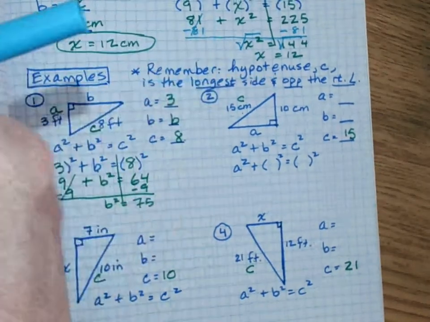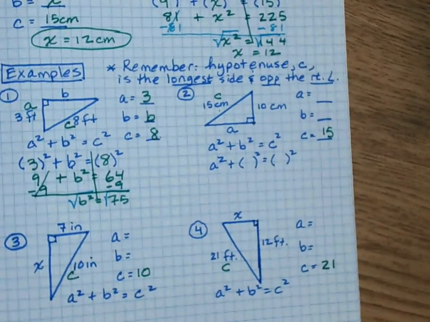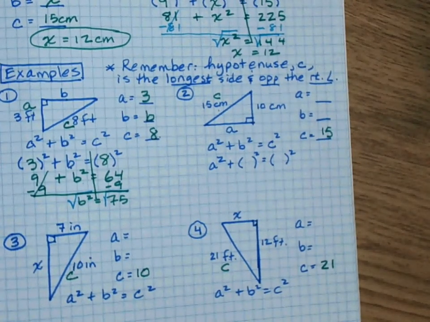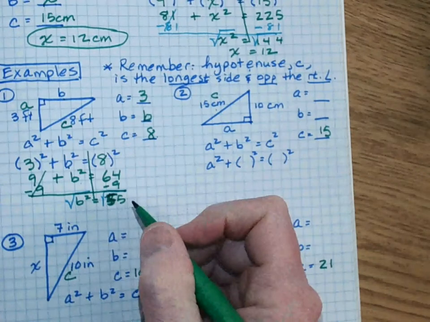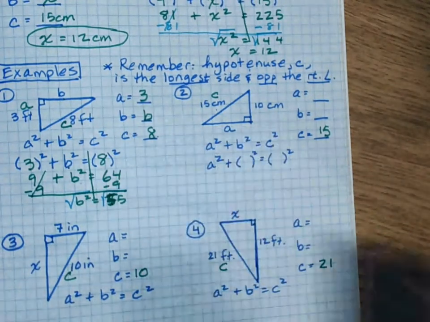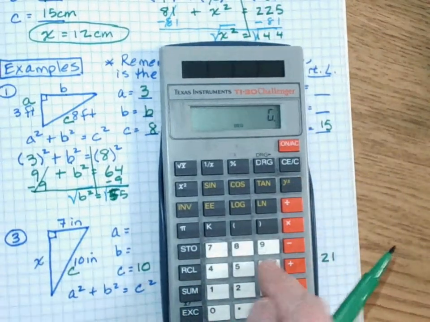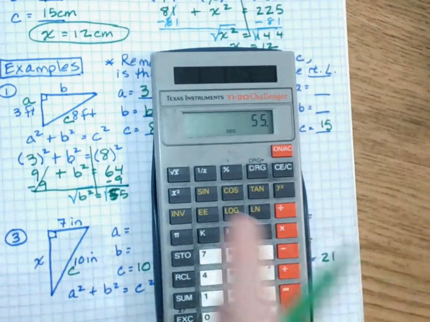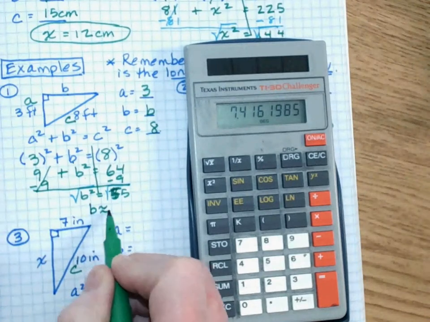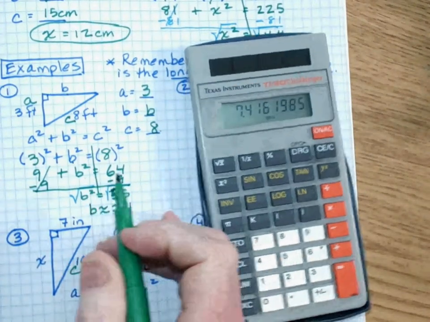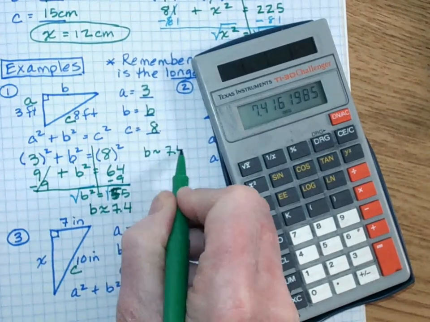Now, to take the square root of 75, I'm going to need to use a calculator. Or sorry, 55. I was adding and not subtracting. 64 minus 9 is 55. The square root is 7.4 approximately. So B is approximately 7.4 feet.